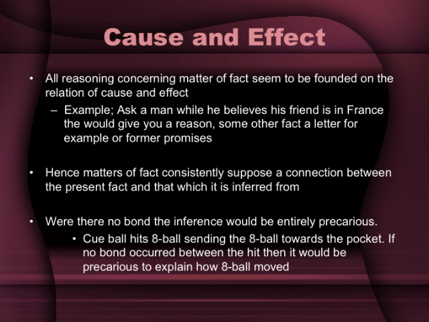But if you notice here, we know it's not a relation of ideas because it's not certainly known, and the definition of one billiard ball rolling isn't contained in the second billiard ball moving. We know that to negate the conclusion that the 8-ball moved does not create a contradiction with the cue ball moving. So the idea that the cue ball moved and the 8-ball moved is not known a priori.